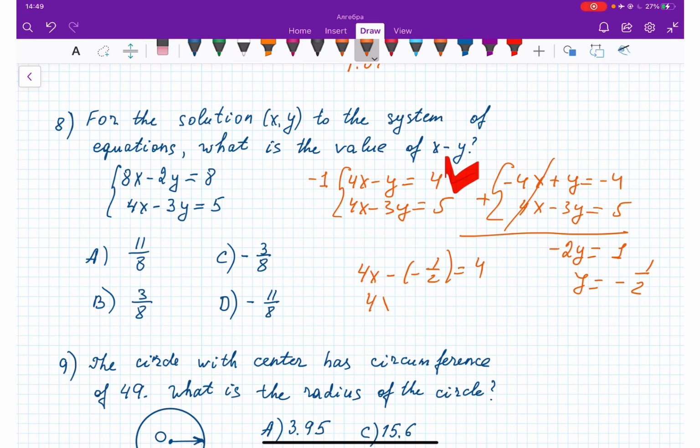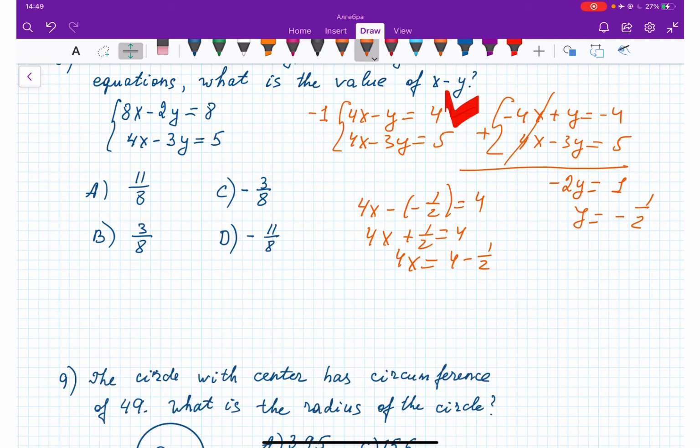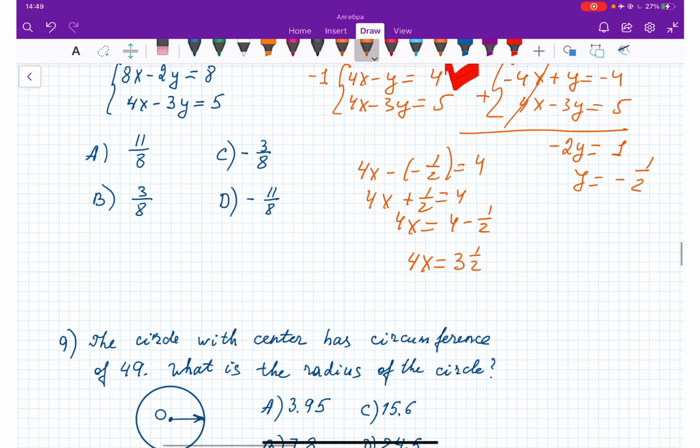From here, 4x plus 1/2 equals 4. 4x is equal to 4 minus 1/2. So 4x is equal to 3 and 1/2, and x is equal to 3 and 1/2 divided by 4.